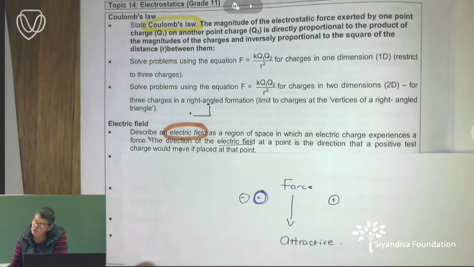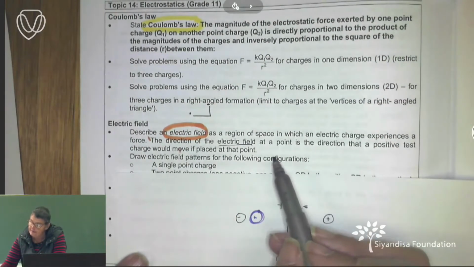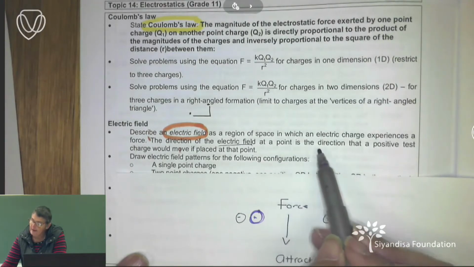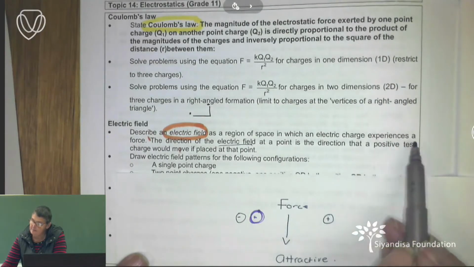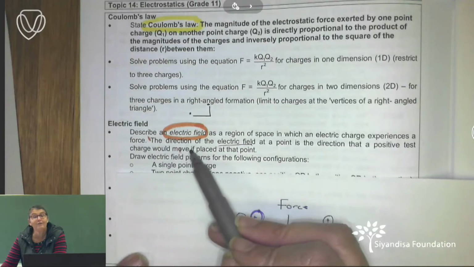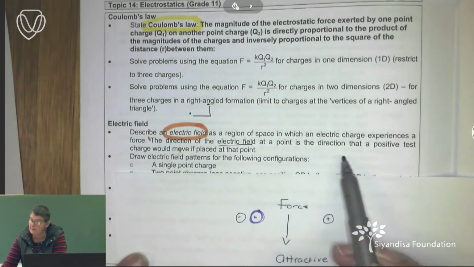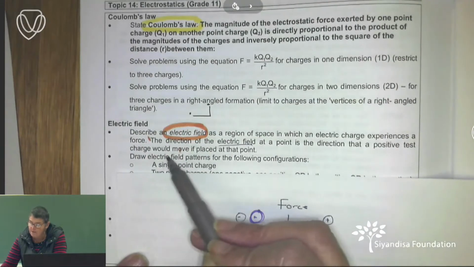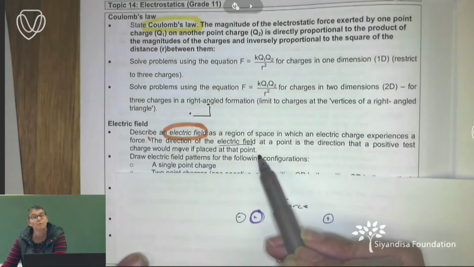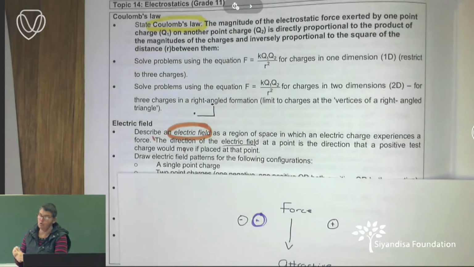That direction is determined, here they say to us clearly, the direction of the electric field at a point is the direction that a positive test charge would move if placed at that point. Okay. So we must be able to know that.